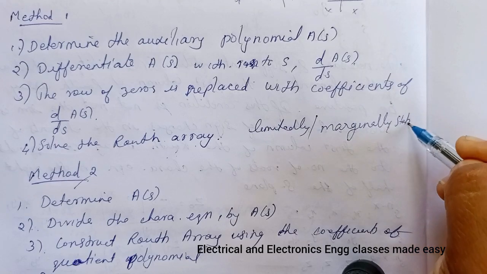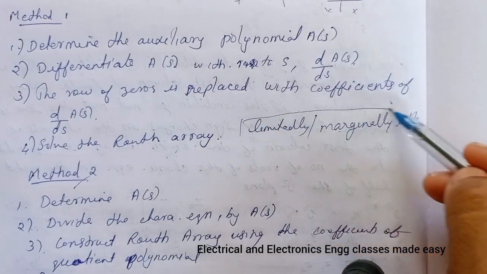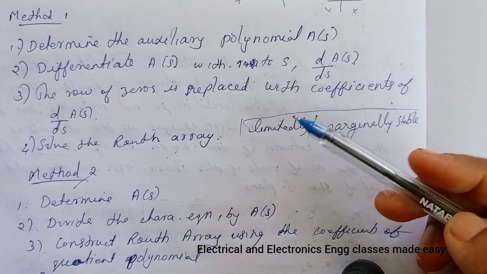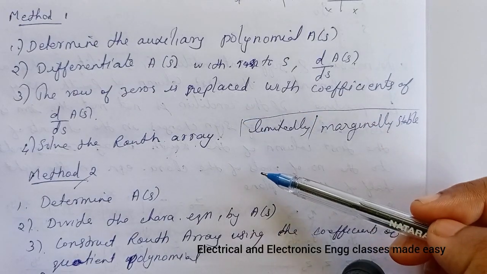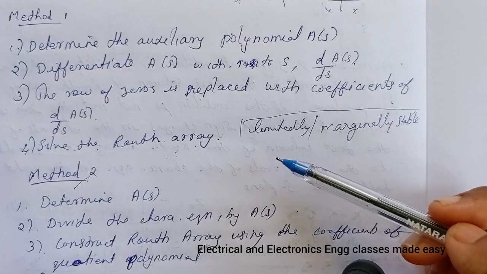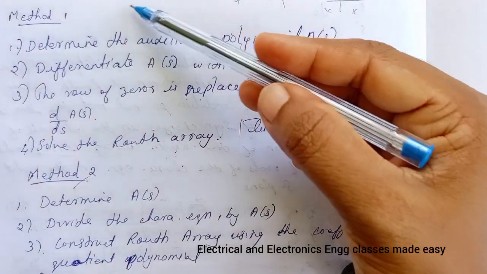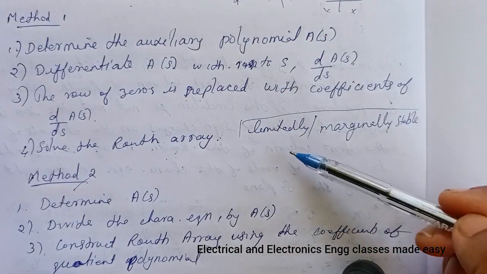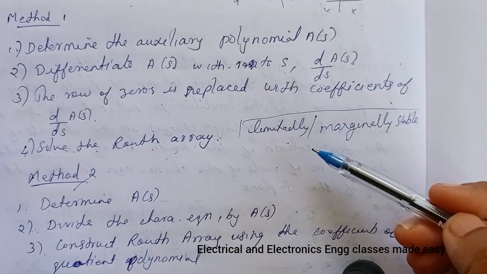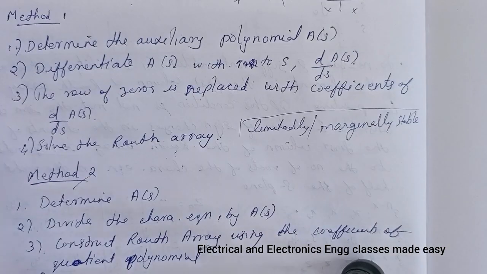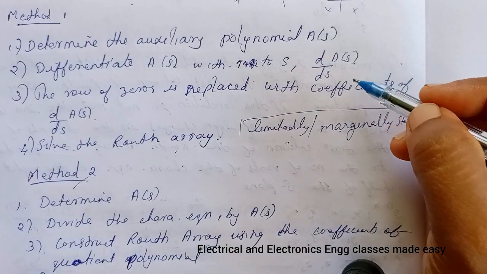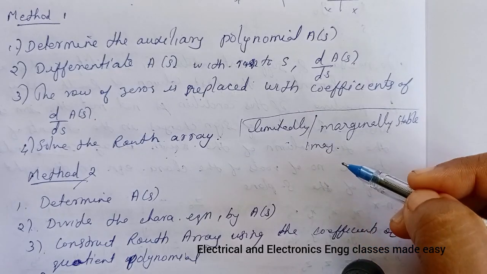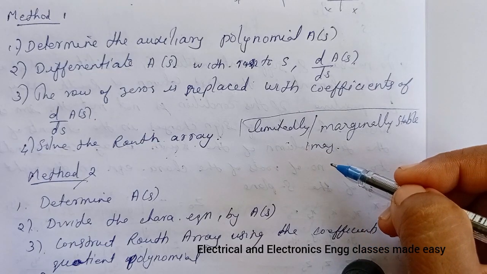So limitedly or marginally stable means if there are no sign changes in the first column of the Routh array, then the all zeros row indicates the existence of purely imaginary roots, and the roots of the auxiliary equation lie on the imaginary axis, and the remaining roots lie on the left half of S plane.